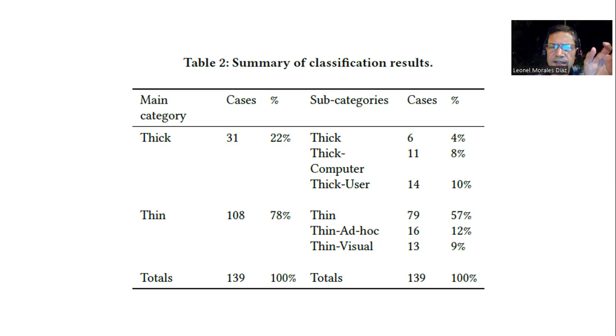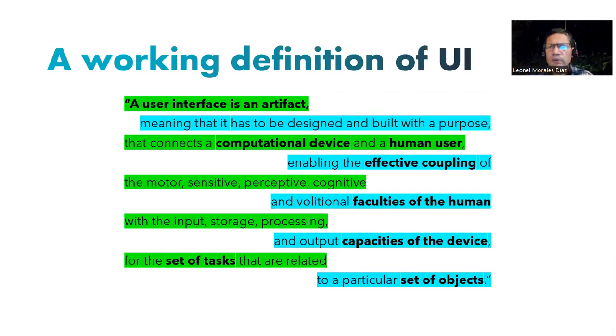And you see that they are very difficult to find. Thick definitions are difficult to find. They are buried in papers and articles and in books, and they are not as common as thin definitions.